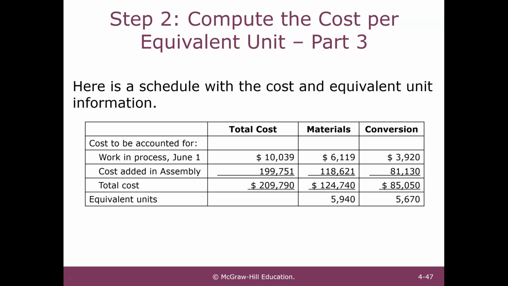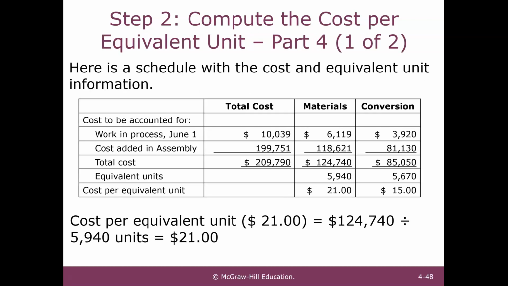Add the work in process to the cost added and you get your total cost. Okay, we've already calculated what the equivalent units are for those units: 59.40 for materials and 56.70 for conversion. We're going to calculate what that is per unit.